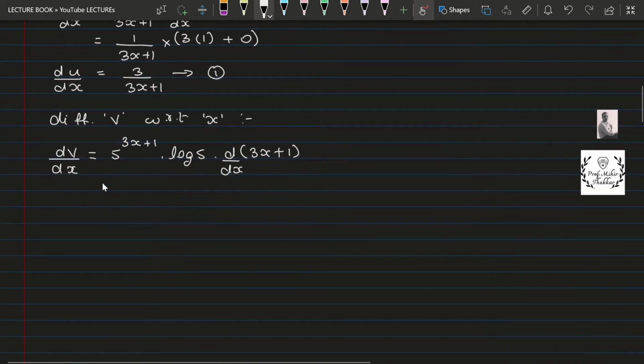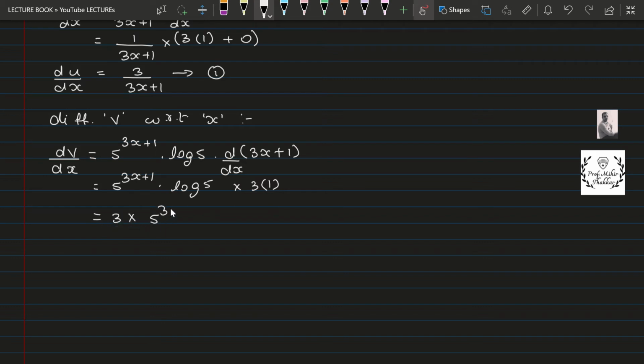So what do you get? 5 raised to 3x plus 1 into log 5, these both terms are left as it is, and when I multiply with the derivative of 3x plus 1, I will get over here 3 into 1. So finally I write 3 into 5 to the power 3x plus 1 into log 5. This is my equation 2, which is the value of dv upon dx.